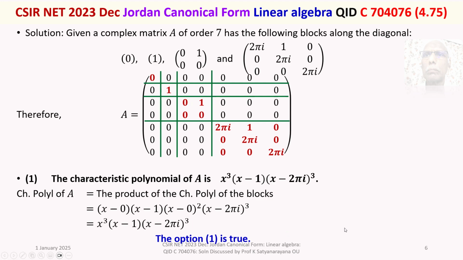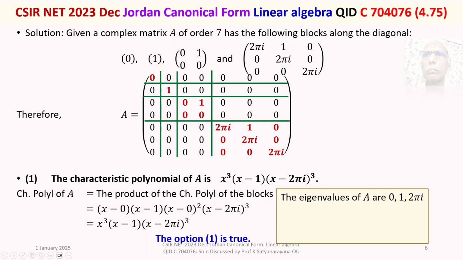We continue in the next slide for the next options. Now, what are the eigenvalues? x is equal to 0, x is equal to 1, x is equal to 2 pi i. The eigenvalues of A are 0, 1, 2 pi i.